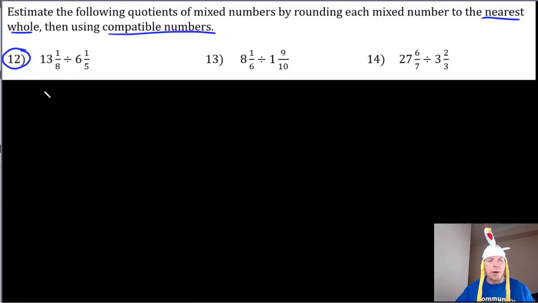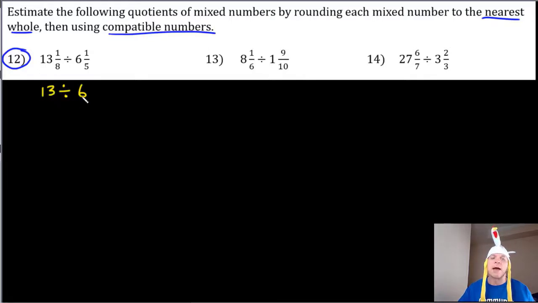Okay, 13 and 1/8 is closer to 13 than 14 because 1/8 is closer to 0 than it is to 1 whole. And our divisor, 6 and 1/5, is closer to 6 than 7. And so when we round each of our dividend and our divisor to the nearest whole, we get 13 divided by 6. But as long as we're doing an estimate, we don't want difficult division like this.